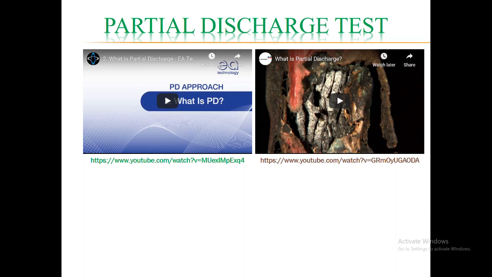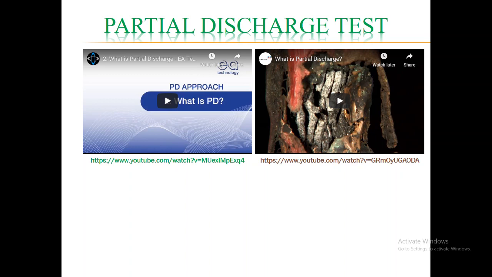Based on this information, the design can be considerably improved, and that is why the partial discharge test plays an important role in understanding the design of a given dielectric material. In high voltage devices, the insulation is considered the heart of the equipment. If any damage occurs to the insulation, it will of course reduce the life of the high voltage equipment.